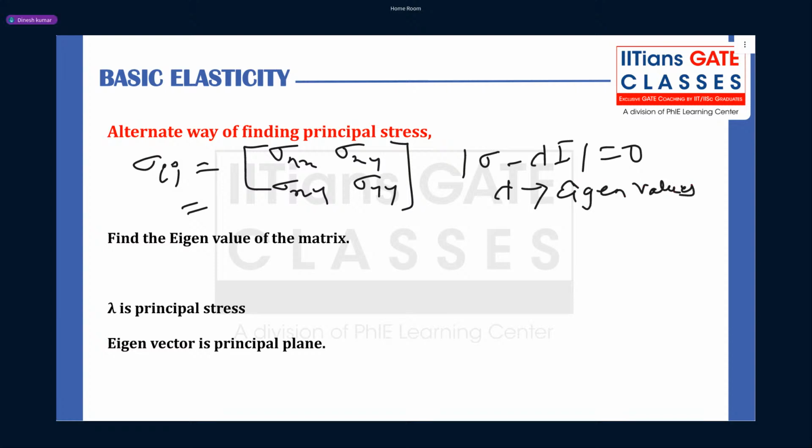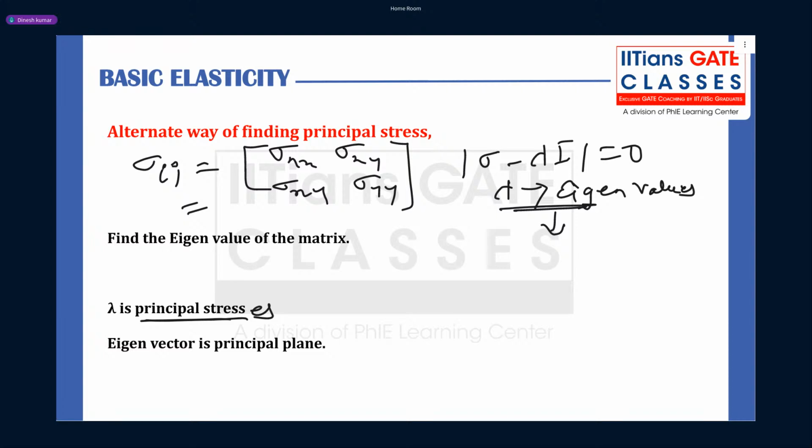And these lambdas are nothing but what? Your principal stresses. Lambdas are eigenvalues, not eigenvectors. So lambdas are eigenvalues and these are nothing but your principal stresses. Why?